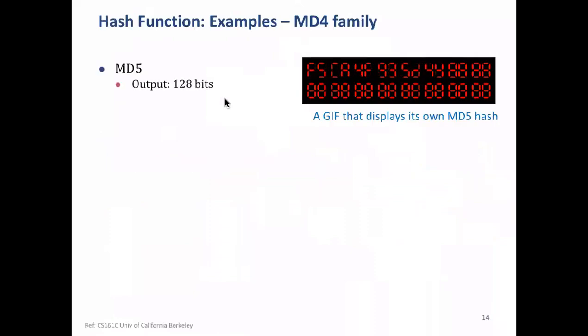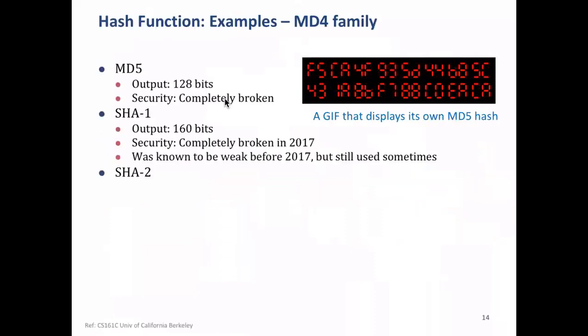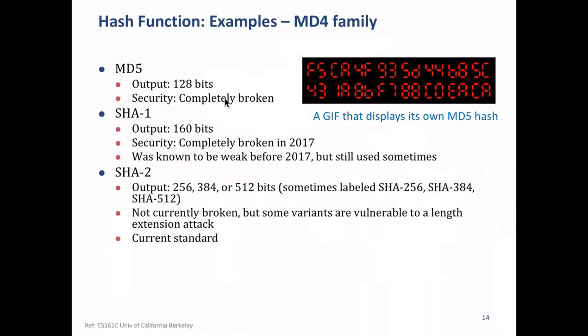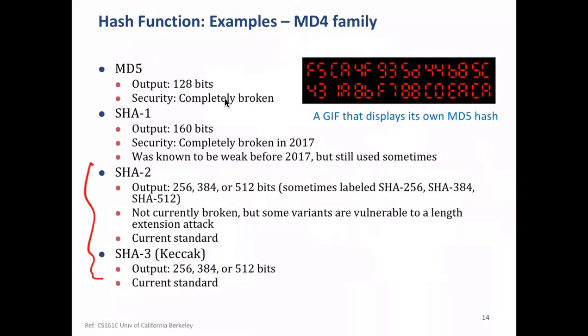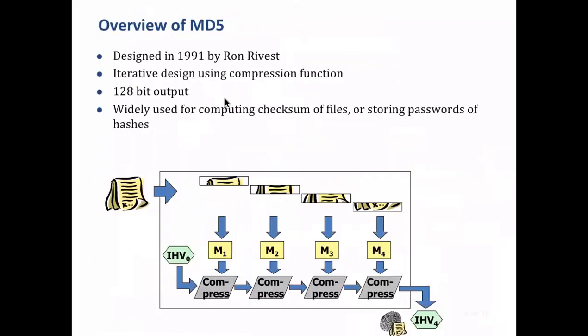So these are the common hash functions that we studied in the last class: MD5, SHA1, SHA2, etc. What is in use is SHA2 and SHA3. And this is how we design a hash function.